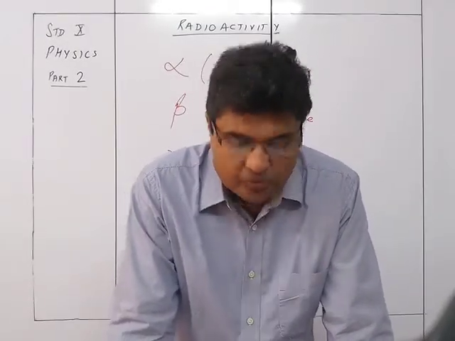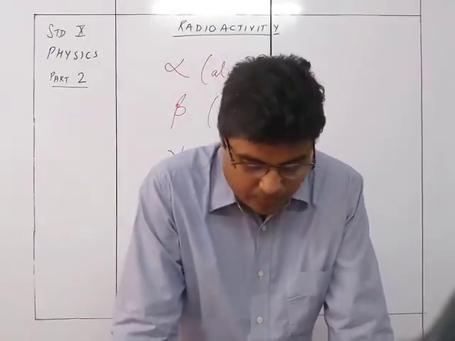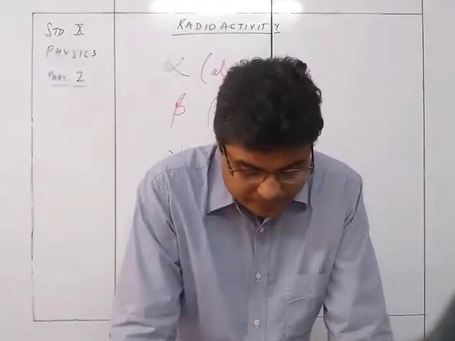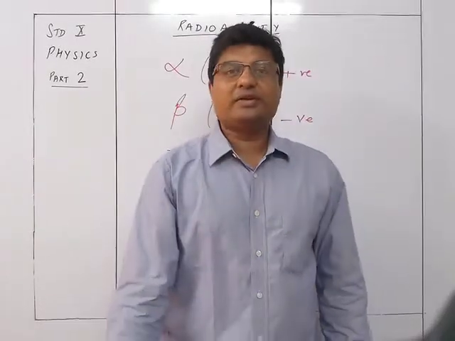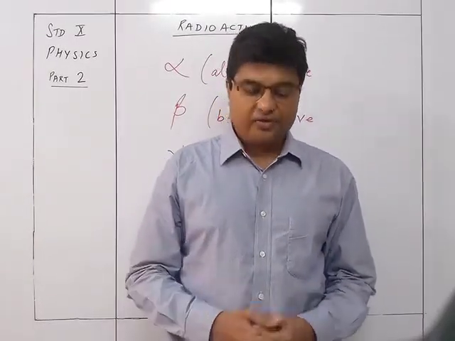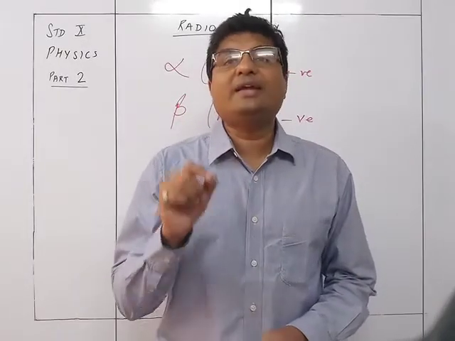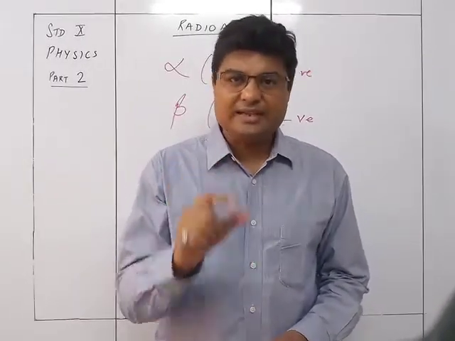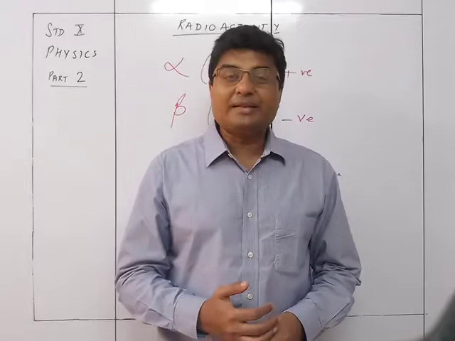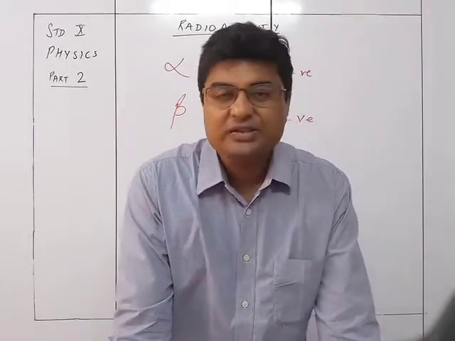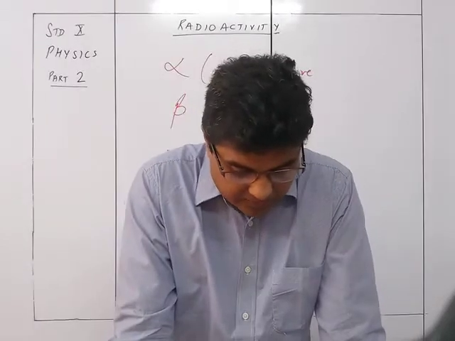For example, uranium, radium, polonium, thorium, and actinium, etc. So let's give the radioactive material definition: the substances which disintegrate or decay by the spontaneous emission of radiations are called as radioactive substances.